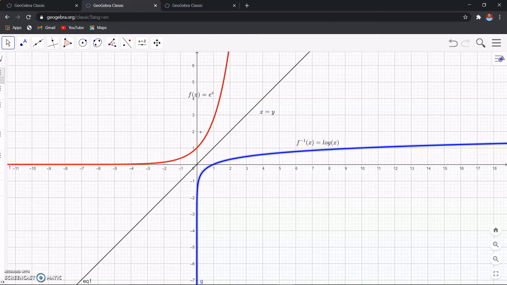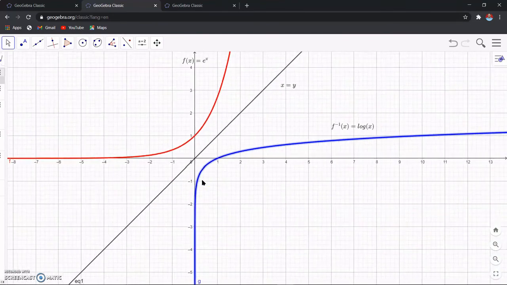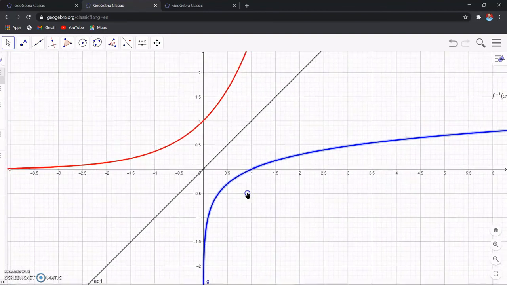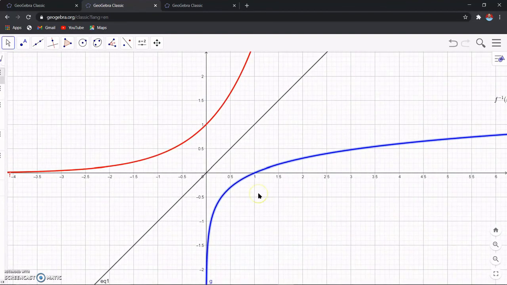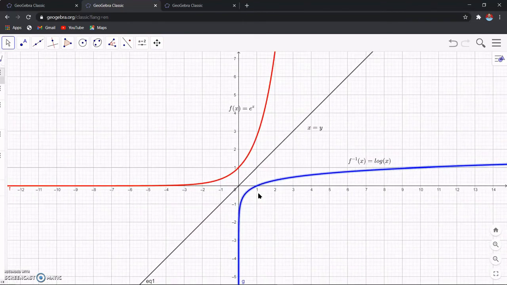Again you can see that the graph of the inverse is the reflection of the graph of f about the line x equal to y, right? I can zoom in a bit and you can see how it appears. So that's how the graph of f inverse behaves.